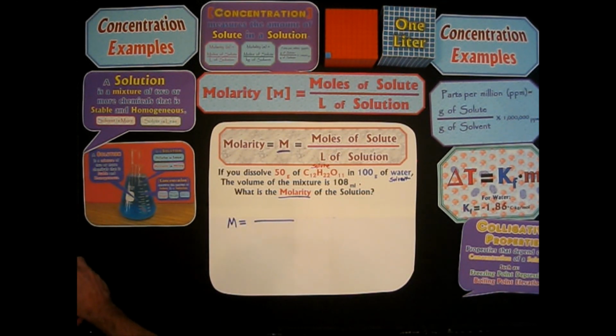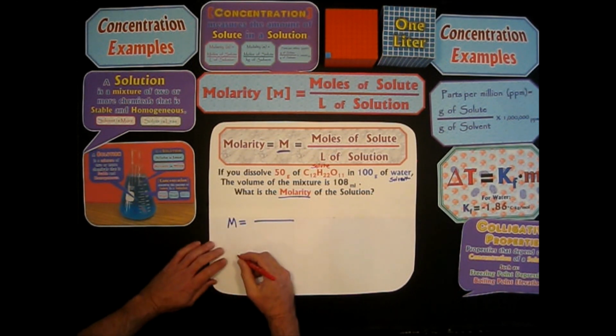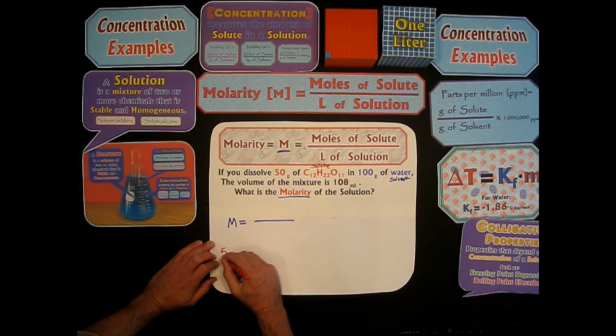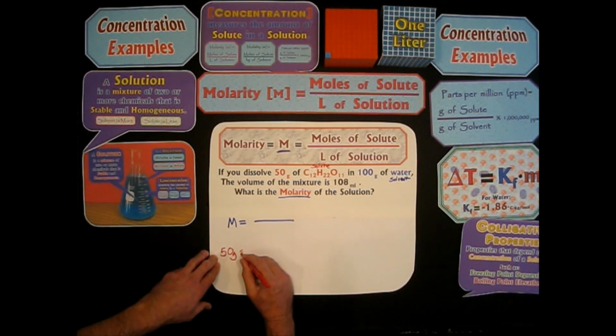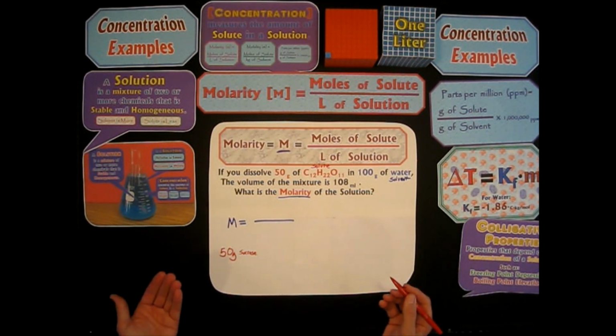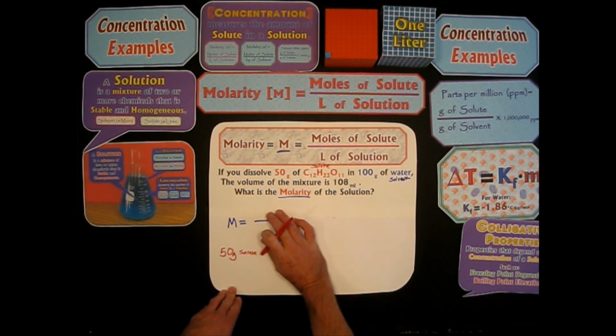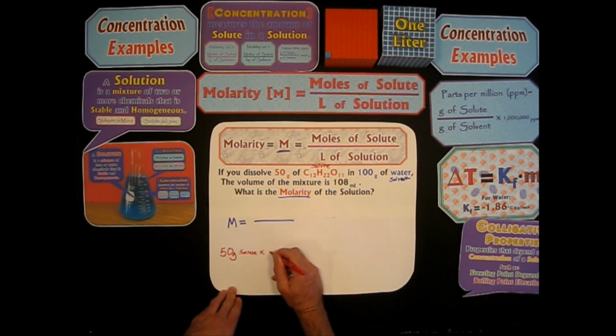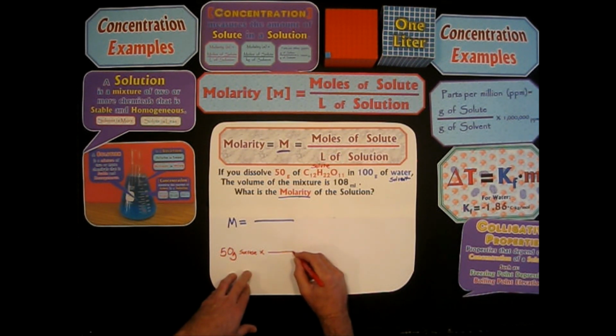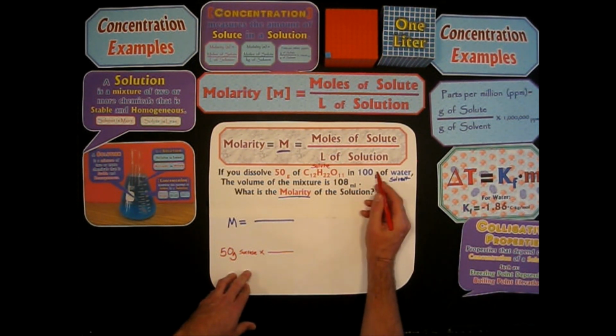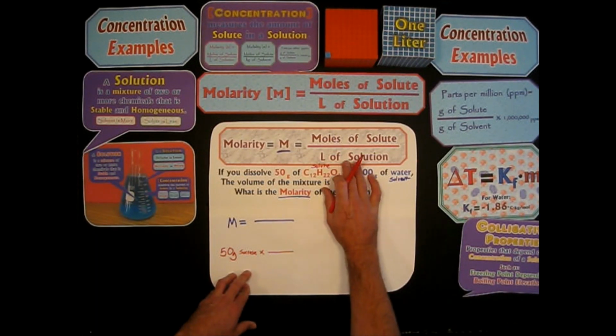So if I've got 50 grams of, I'll just write sucrose, then how am I going to turn that into moles? How am I going to put it up there? That's tricky. Well, I need to get its molar mass. So we'll do that in a second. But again, which number do I need here to get my liters of solution?